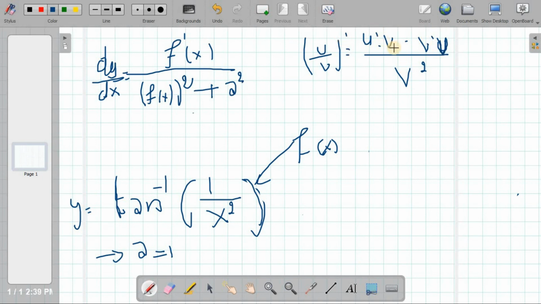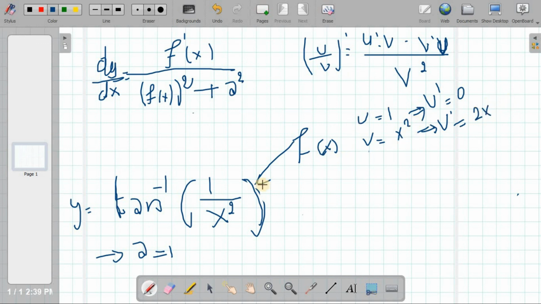So in this case our u is 1, and our v is x squared. u prime is 0, because the derivative of a constant is 0, and our v prime is going to be 2x.